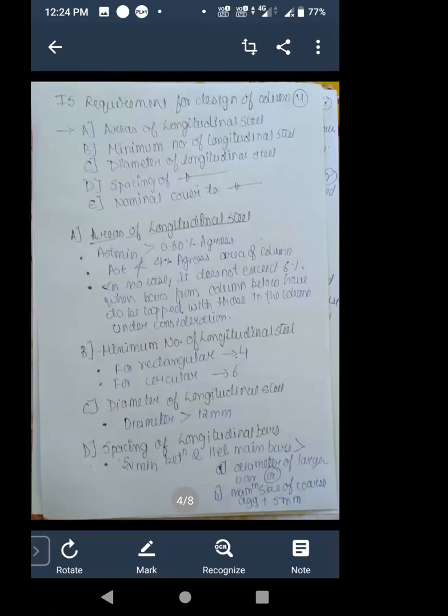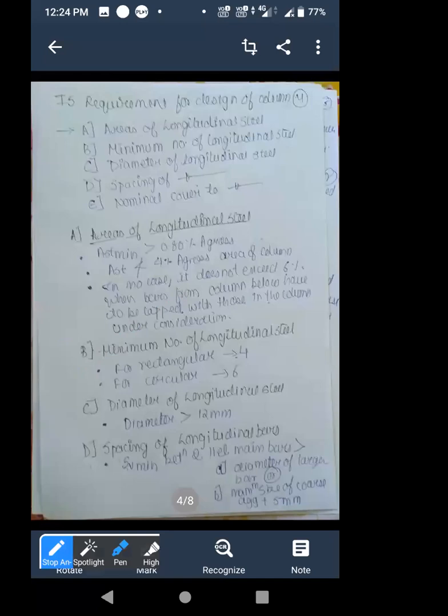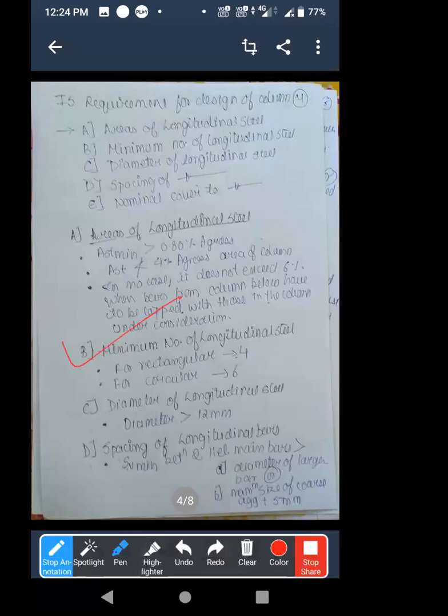Next is the minimum number of longitudinal bars. For a rectangular column, the minimum number of longitudinal bars should be 4: 1, 2, 3, and 4.